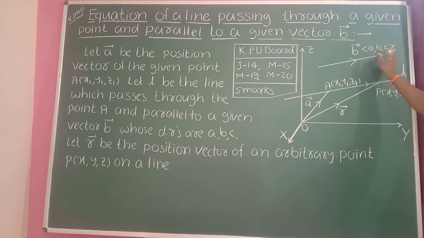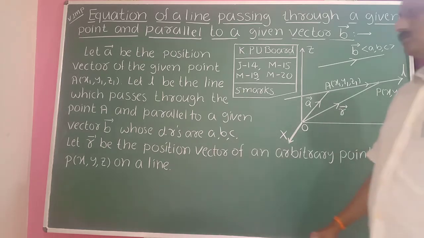Let r bar be the position vector of an arbitrary point P (x, y, z), a point on the line, whose coordinates are x, y, z here. So r bar is the position vector of the point P, means OP bar is equal to r bar here.